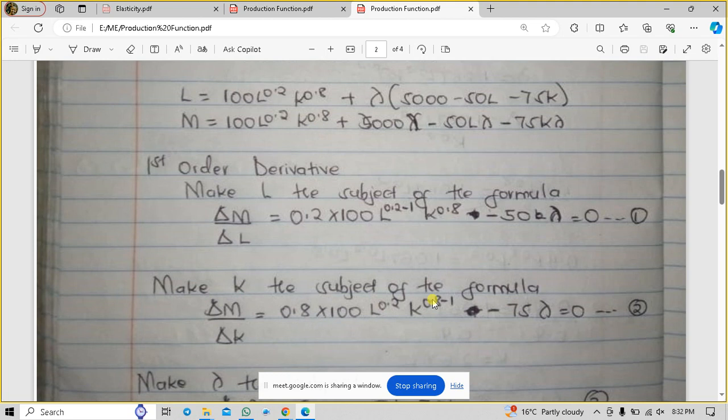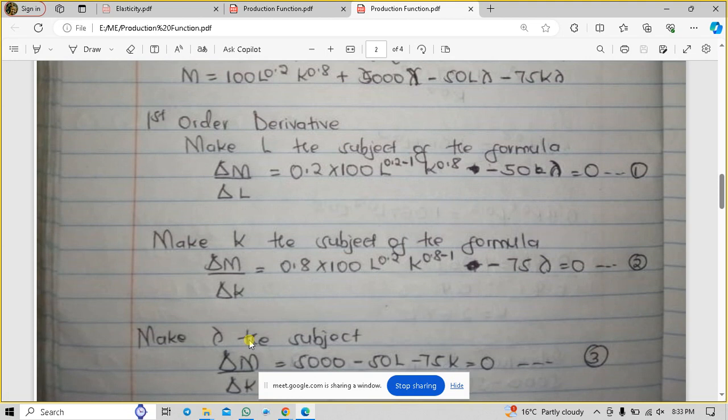We ignore the 5000 mu and the 50 L mu. Where you have K, we differentiate, and say minus 75 mu equals 0. That becomes our equation number 2.